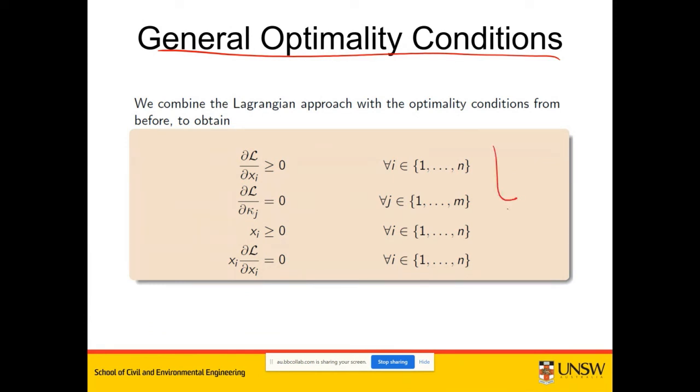And these are the more general optimality conditions that you have to satisfy to get the optimal solution, where you find the derivative of the Lagrange function with respect to every decision variable, and the derivative with respect to each dual variable, the non-negativity constraint for the decision variables, and also the decision variable multiplied by the gradient of L being equal to 0, meaning that either this is 0 or this one is 0.